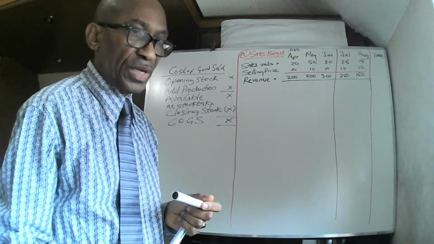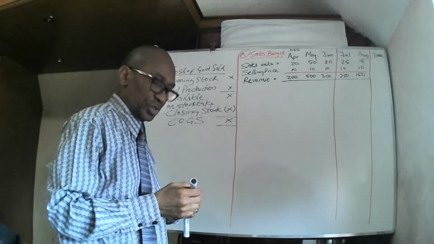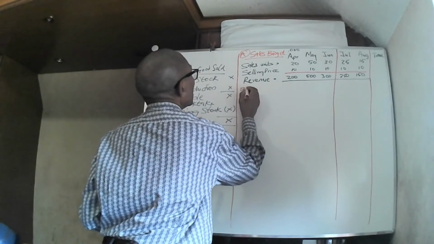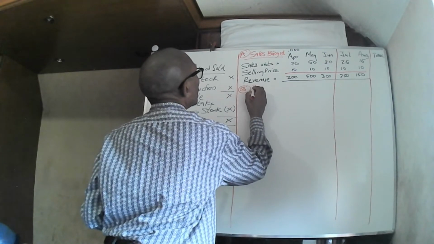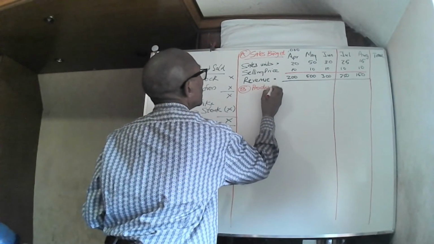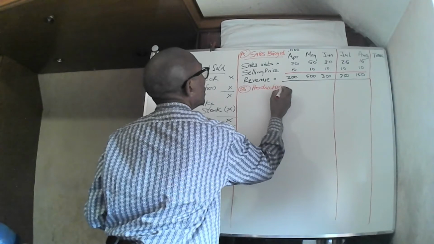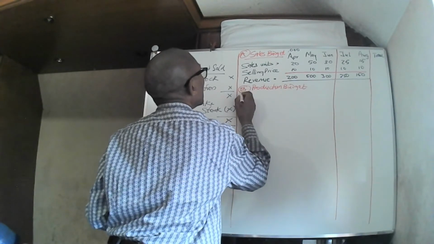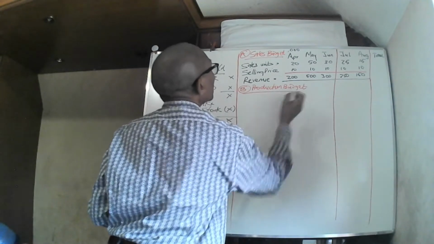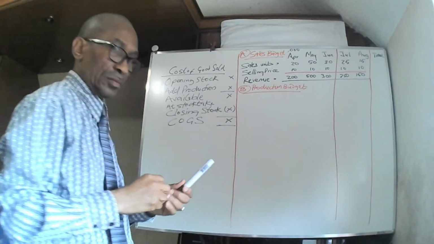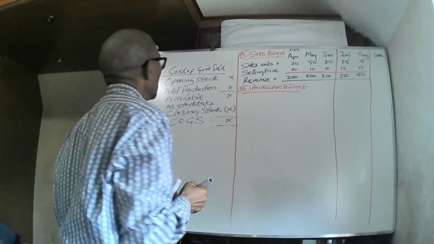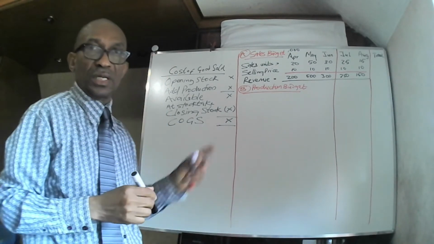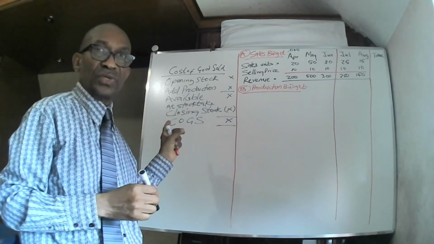B, we have been asked to prepare the production budget. B, production budget. This is where I will now apply this structure I've presented to you earlier.